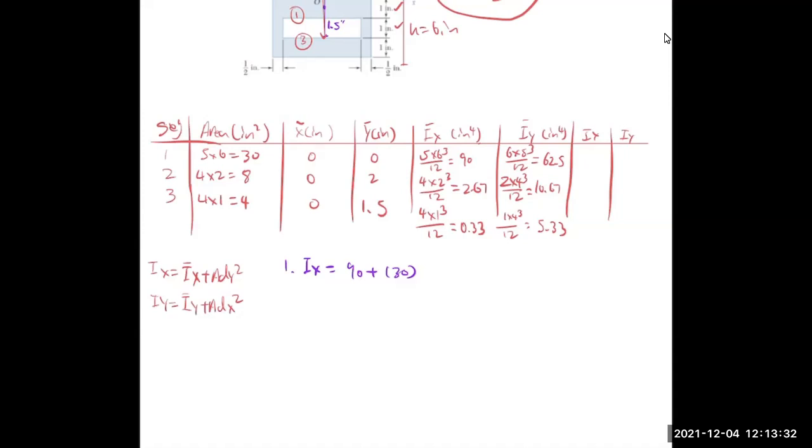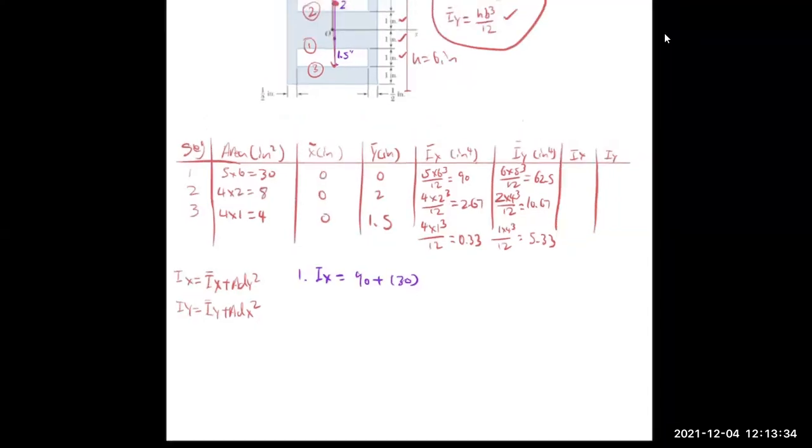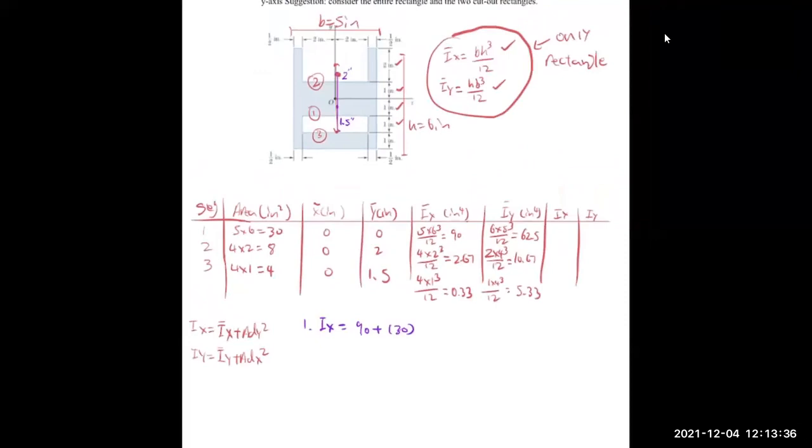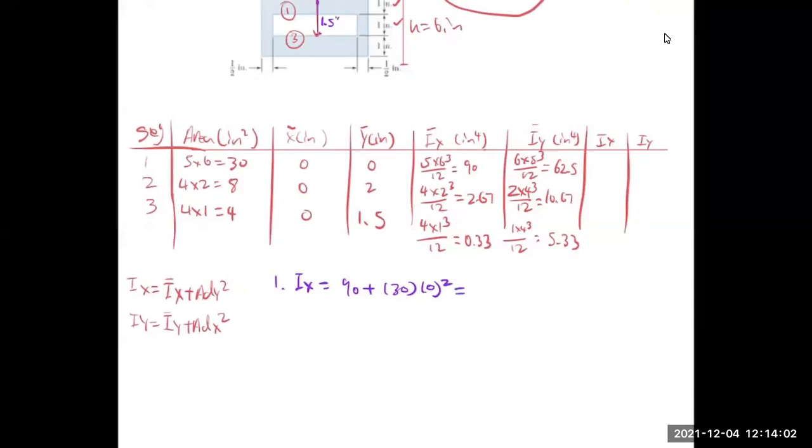For this question, the centroid of the entire object is right here at origin O. And for segment 1, since this is the entire thing, the centroid is also about the origin O. So there's no dy. For this kind of problem, you can basically say that dy is equal to the y bar, which will be 0 squared.